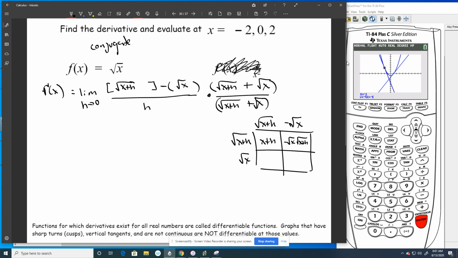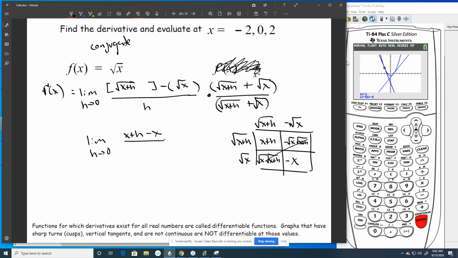That's ugly. But root of x times root of x plus h is positive root x times positive root x plus h. And remember, those cancel. So even though they're really ugly, they're going to cancel out anyway. And then root x times negative root x is what? Negative x. So all of this on the top just becomes my limit as h goes to 0. My top becomes x plus h minus x.